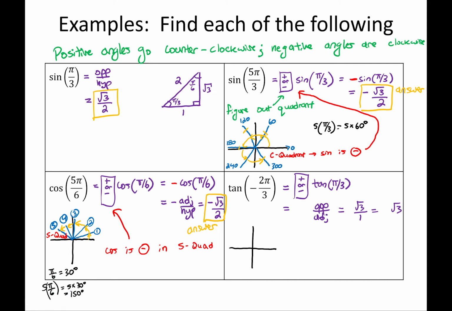So our first angle measurement, actually I should write this down, that pi over 3 is equal to 60 degrees. Negative 2 pi over 3 is equal to negative 2 times 60 degrees, which is 120 degrees clockwise.